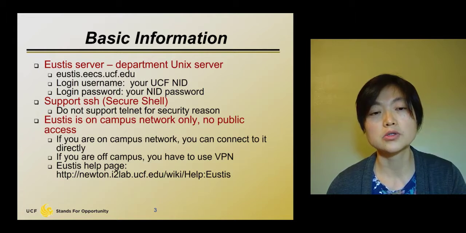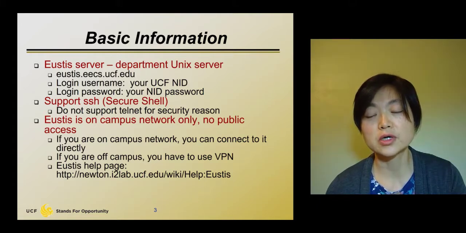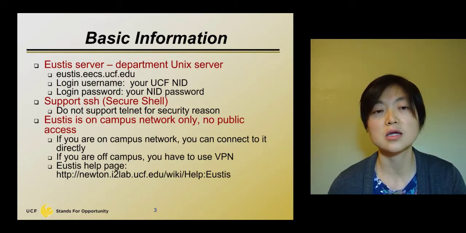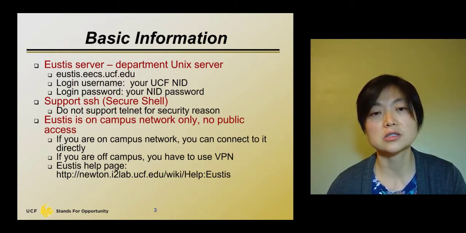Eustis is on the campus private network, meaning there's no public access. So if you are on the campus network, you can connect to Eustis directly, meaning you start an SSH client, just configure the Eustis address, eustis.eecs.ucf.edu, to connect to Eustis. But if you're off campus, you have to use VPN.